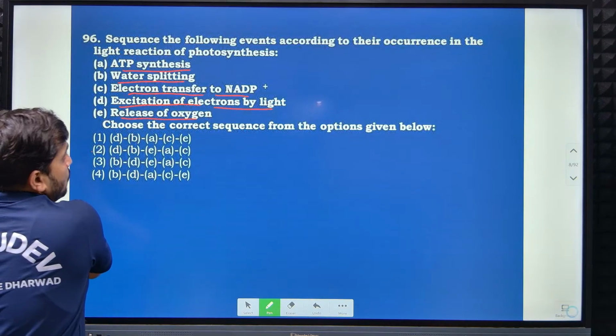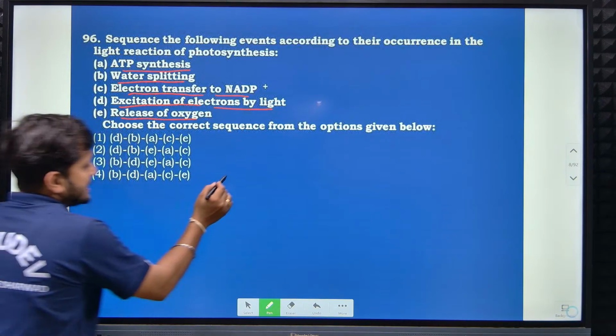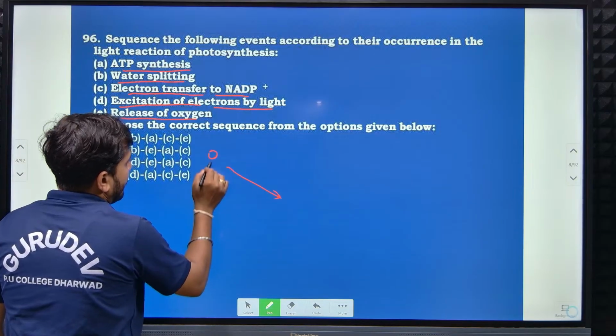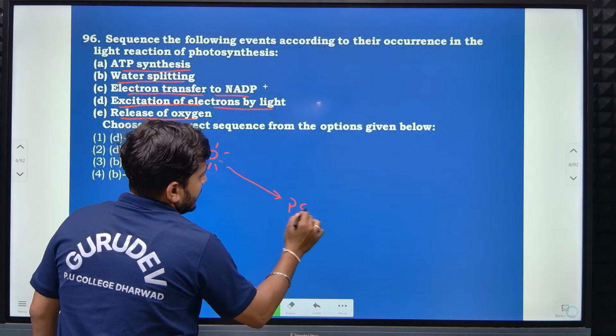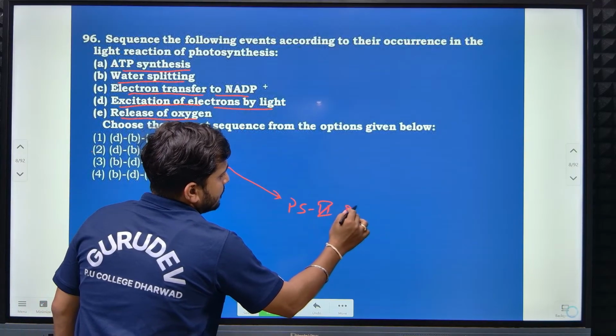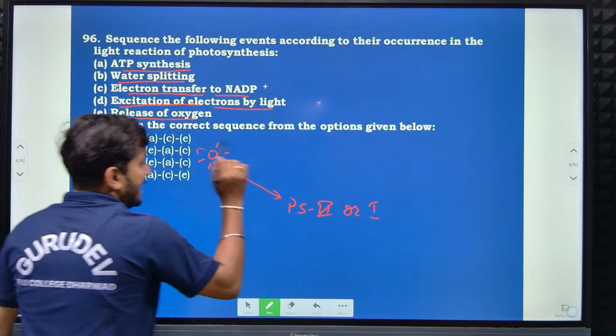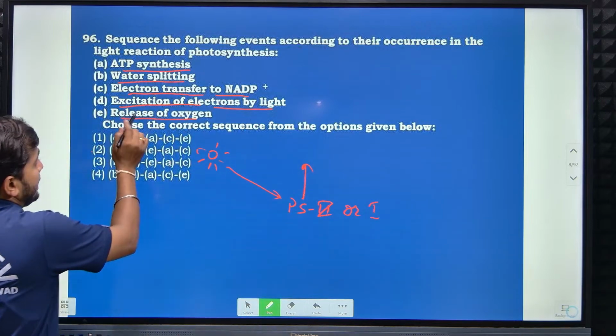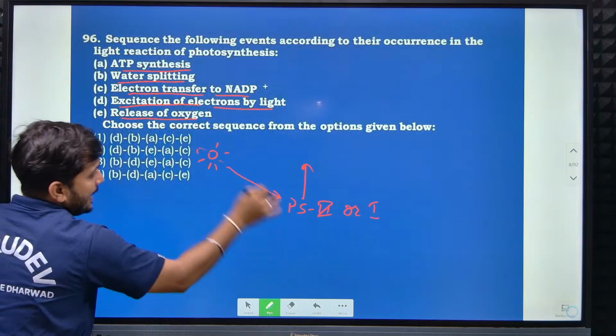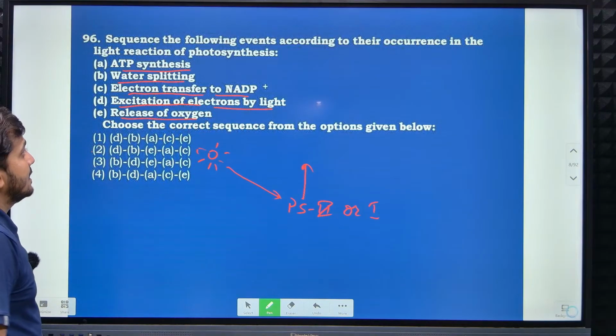So majorly, what will happen first is the sunlight falls onto the photosystems, Photosystem 1 or Photosystem 2. Then excitation of electrons by light is going to take place.